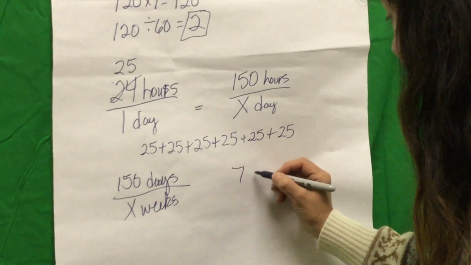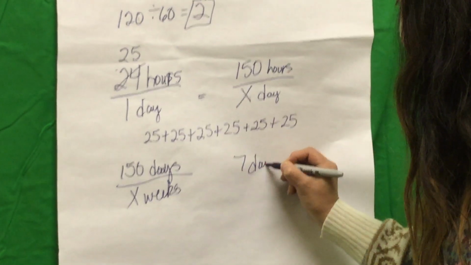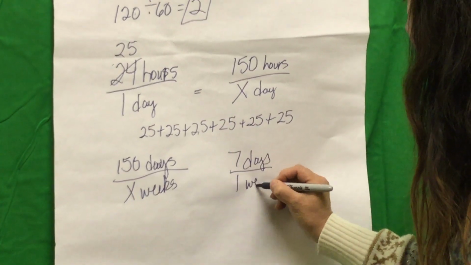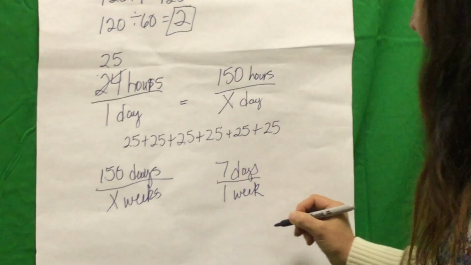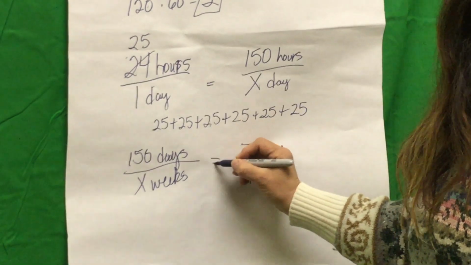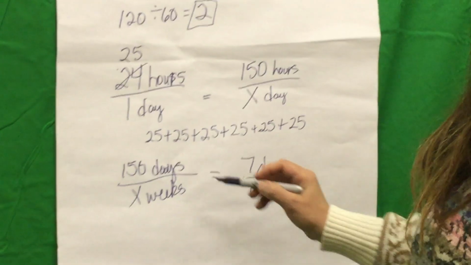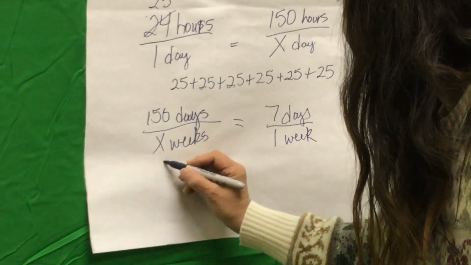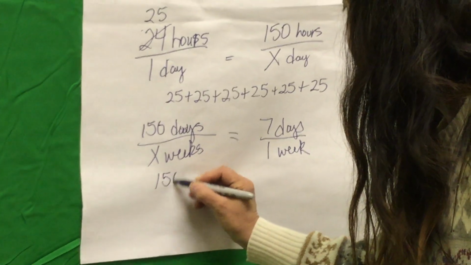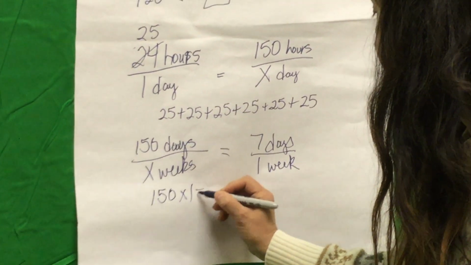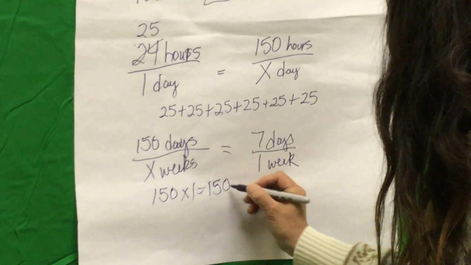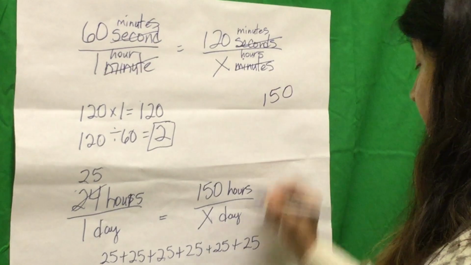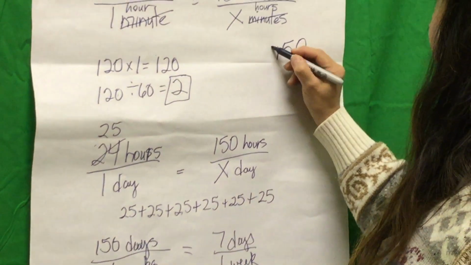So it's 7 days in 1 week. So then we would do 150 times 1 equals 150, and take 150 and divide it by 7.